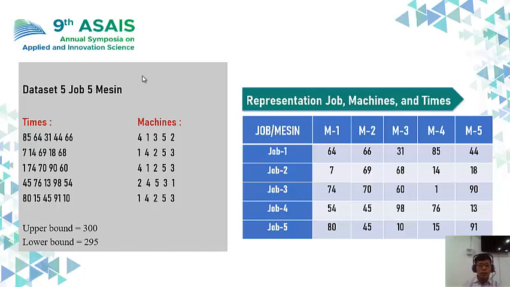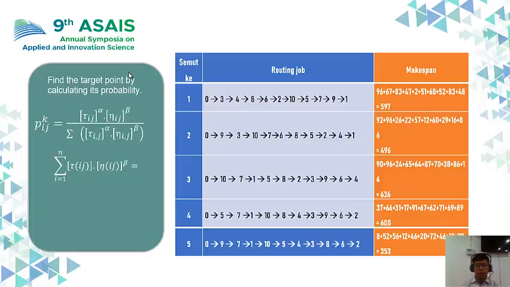Then the P-best and G-best values are calculated and analyzed in the ant colony optimization process. In the ant colony optimization route finding process, the destination of the ant, whether it is to point A or B, machine A or machine B, is determined by calculating the probabilities using a specific formula.